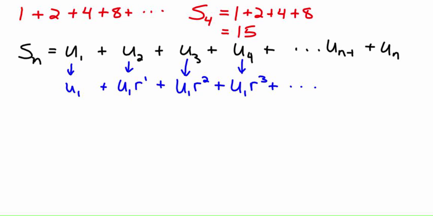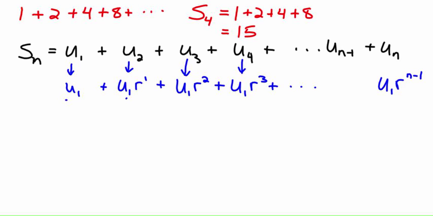If we follow the same pattern, u of n is going to be u of 1 times r to the n minus 1 power. Hopefully that makes sense, because our exponent is going down 1 from whatever our term number is.